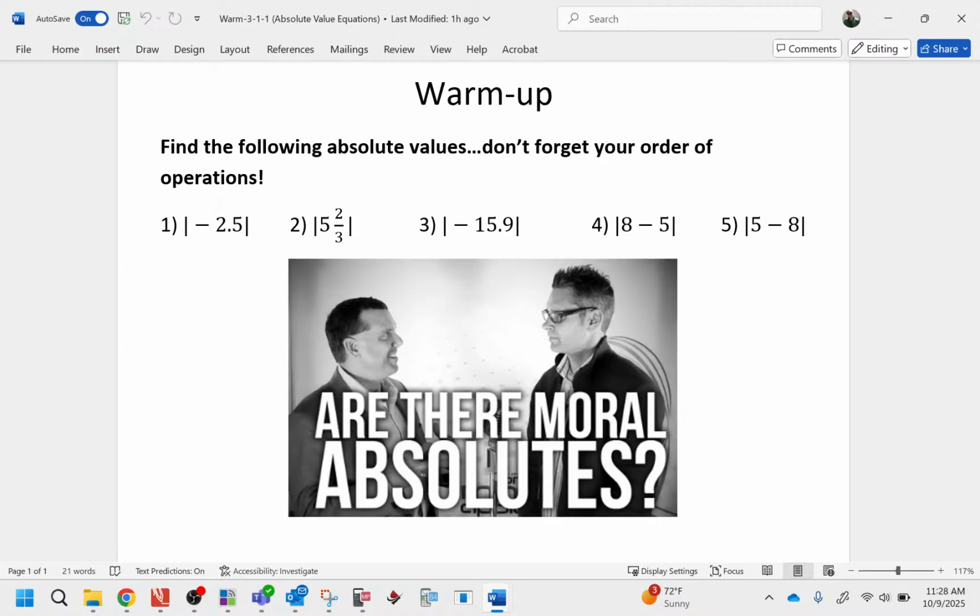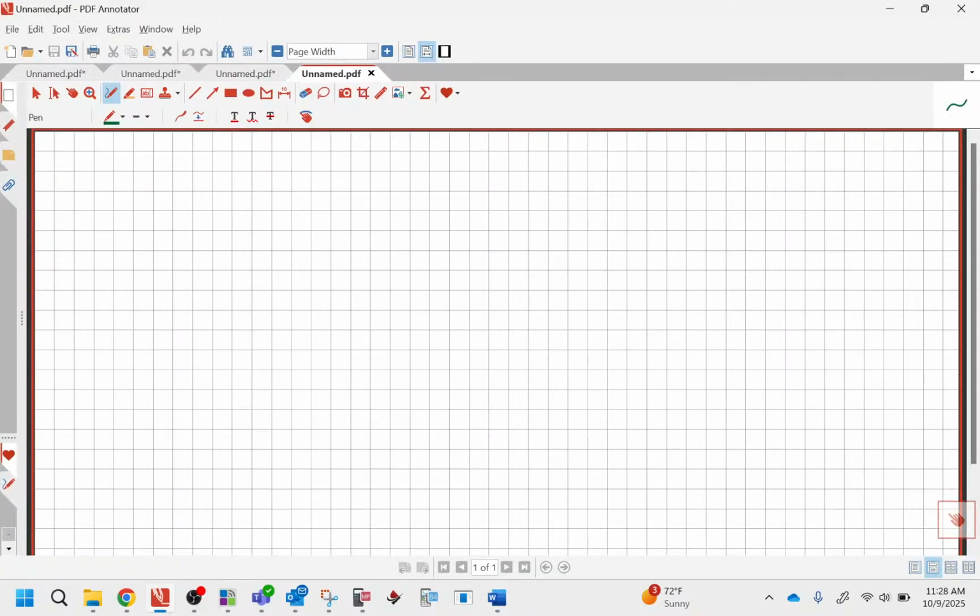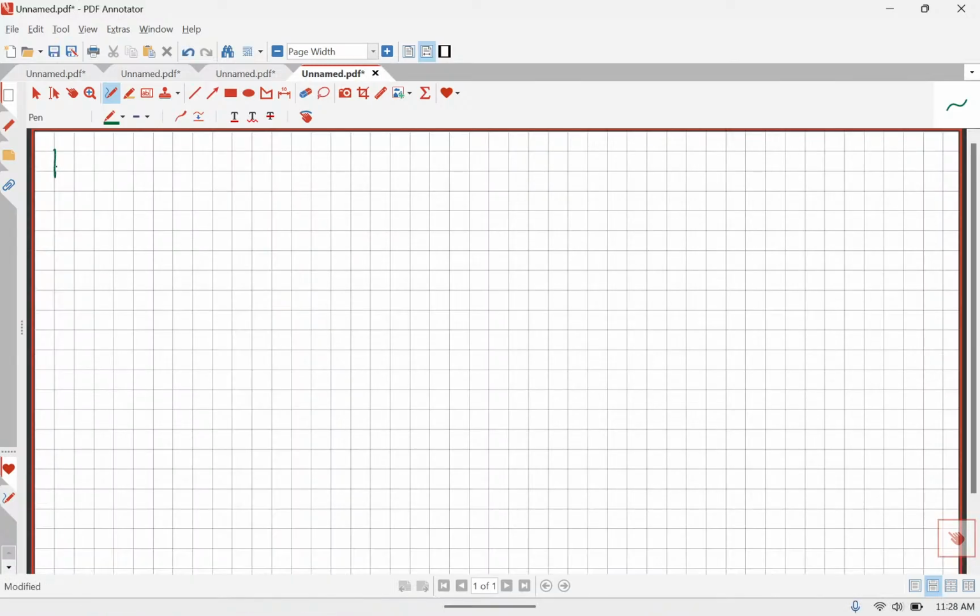What's our first essential question? And I would love to get that from Duane. That's right. What happens when we solve equations inside of absolute values?